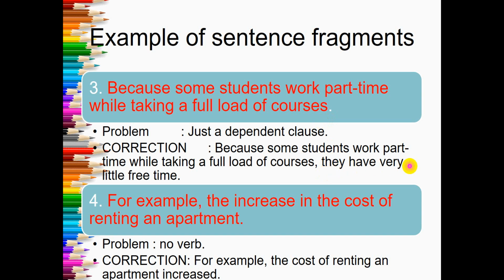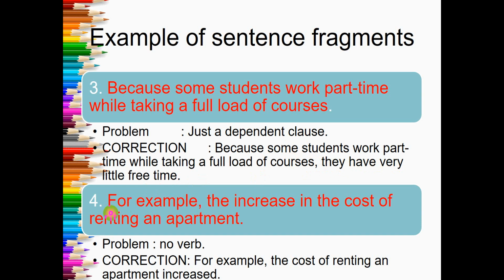The correction: "Because some students work part-time while taking a full load of courses, they have very little free time." If there is only one dependent clause, you have to add an independent clause to make it into a sentence.